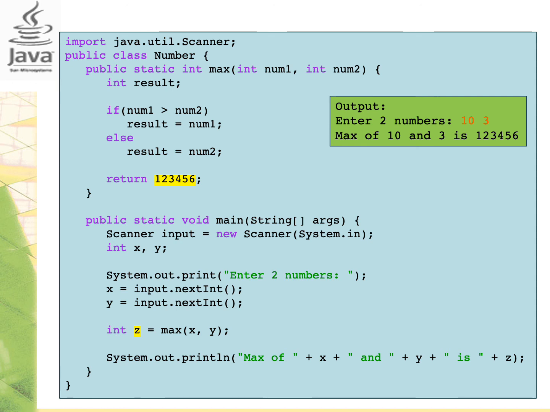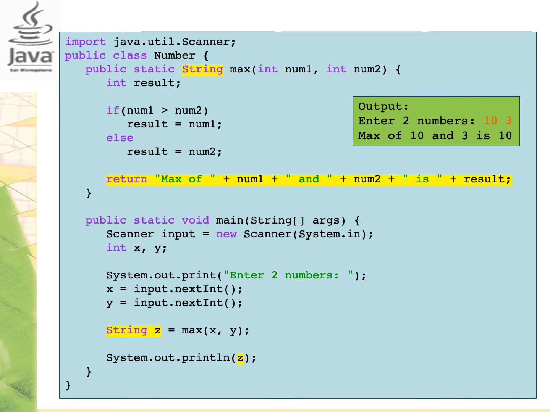This return is useful, say that you want to return a string with some values, for example, the result value and some sentences. See here that I changed the return type of the max method to String. Then, at the return, I return the sentence with the values of num1, num2, and result.